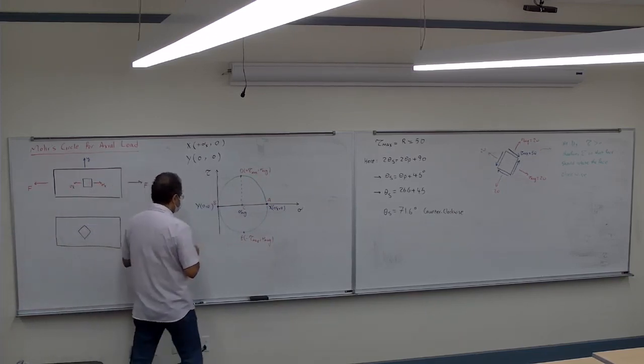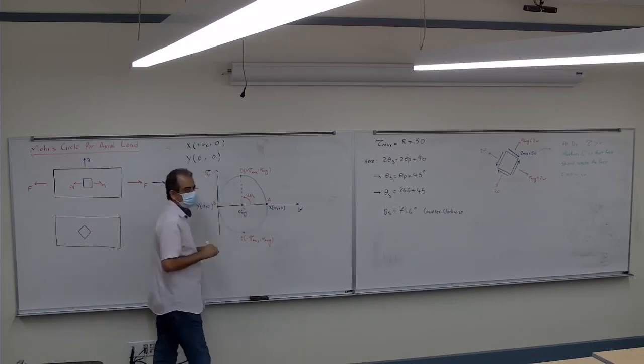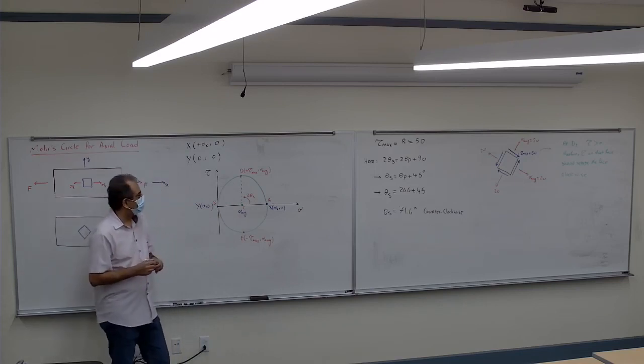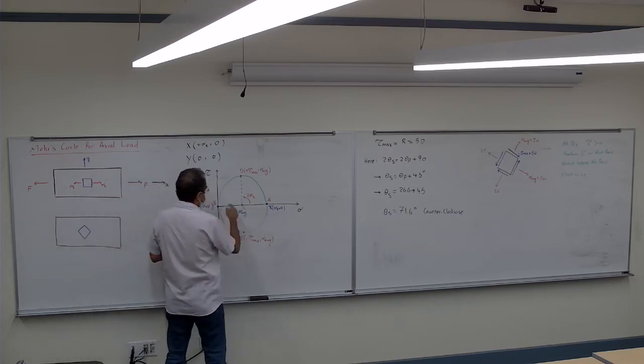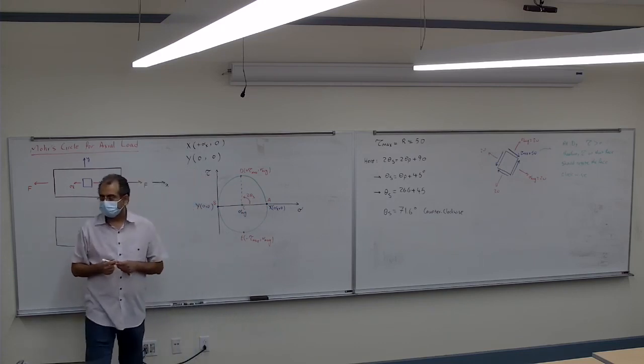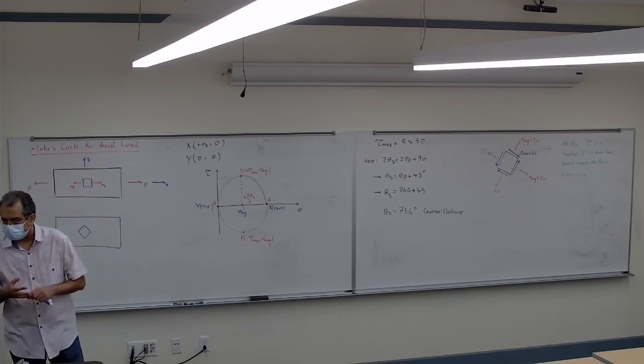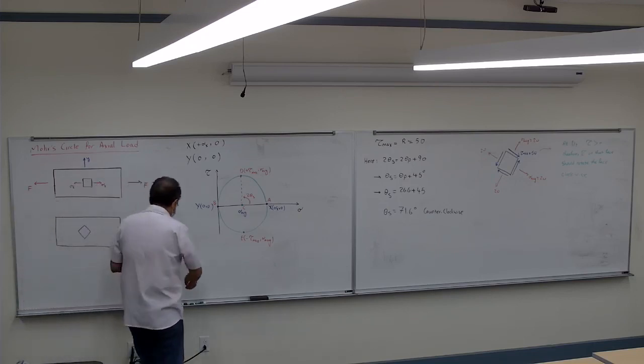How much is the 2 theta s? That's the 2 theta s, going from the sigma max to tau max. And how much is this distance?